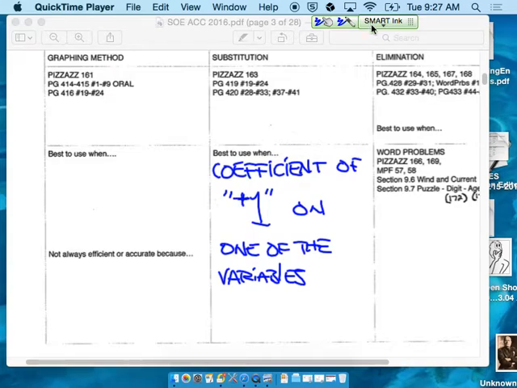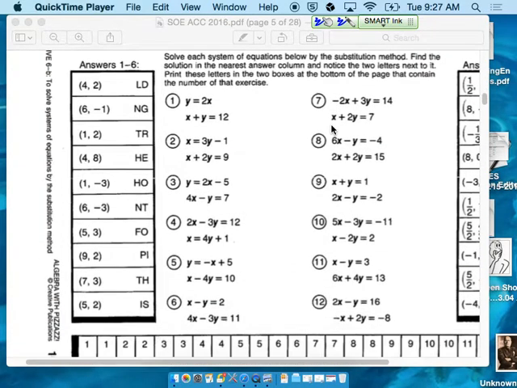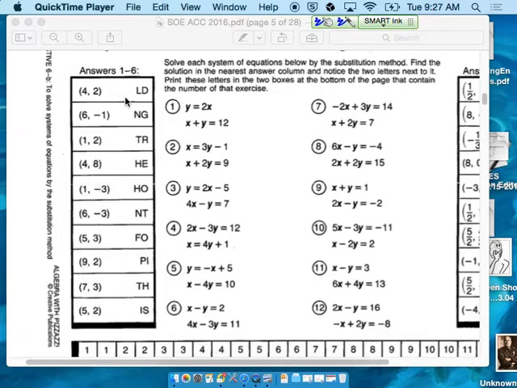So let's go back and look at a few of the problems on the Pizzazz 163 for the purpose of learning. So here in the first system, I can see that the y right here has a coefficient of +1. So what I'm going to do with this particular system, I'm going to take the first equation, and I'll color code this.